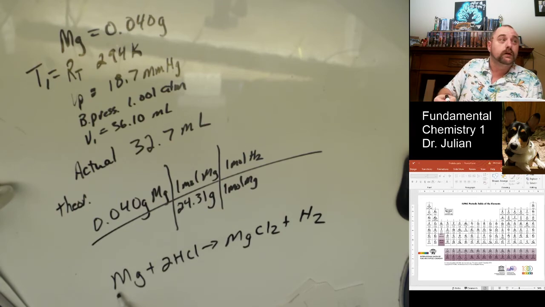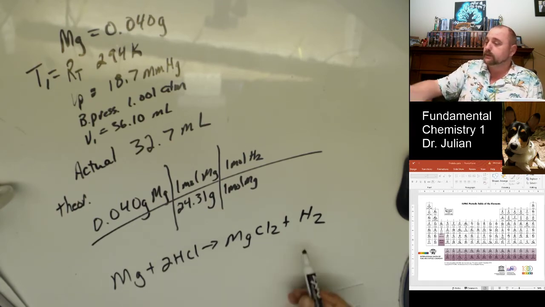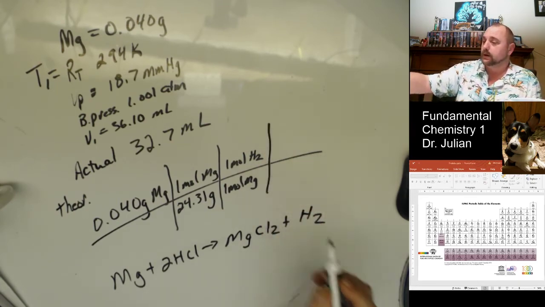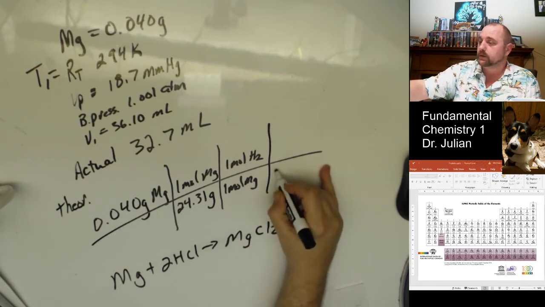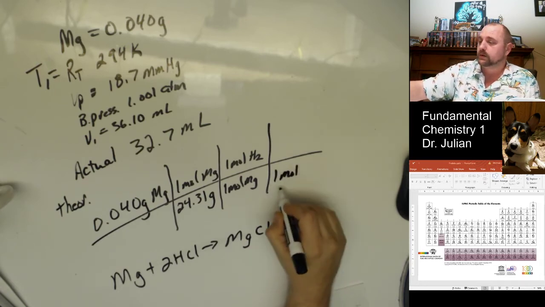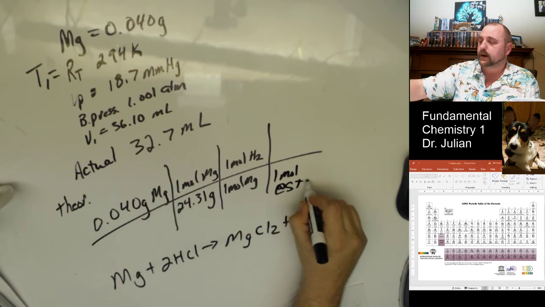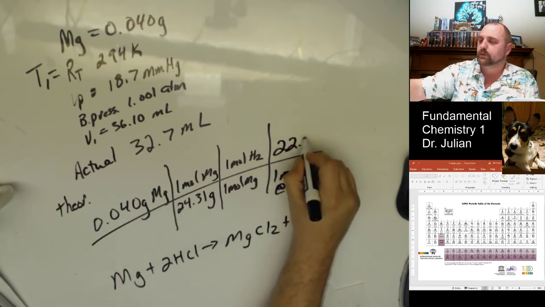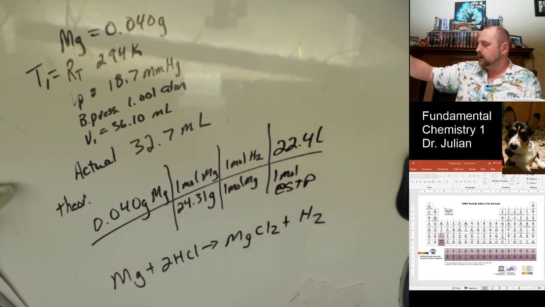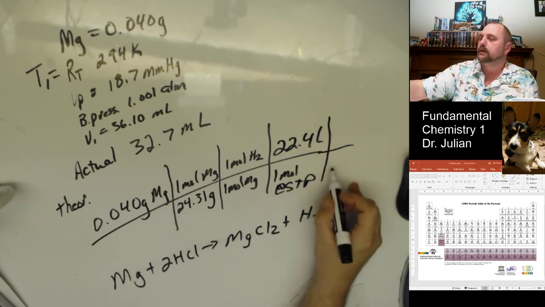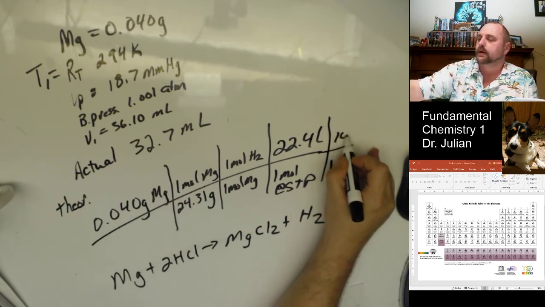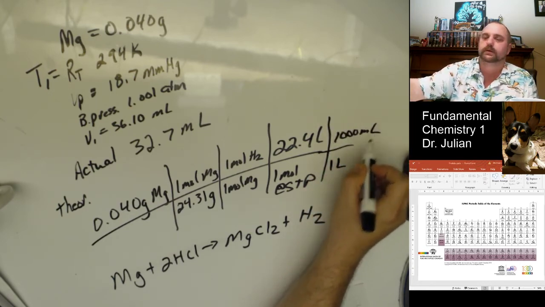There we go. So it's 1 magnesium to 1 hydrogen, and then at STP, 1 mole of any gas is 22.4 liters. And I'm going to go ahead and take 1 liter is 1,000 milliliters.